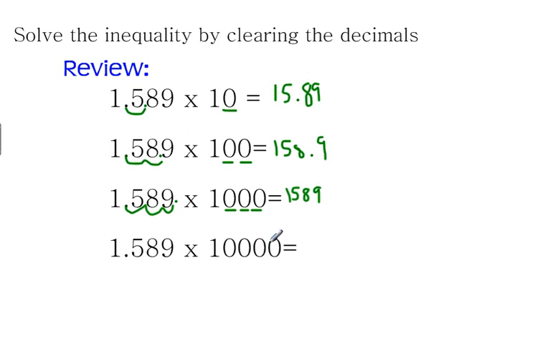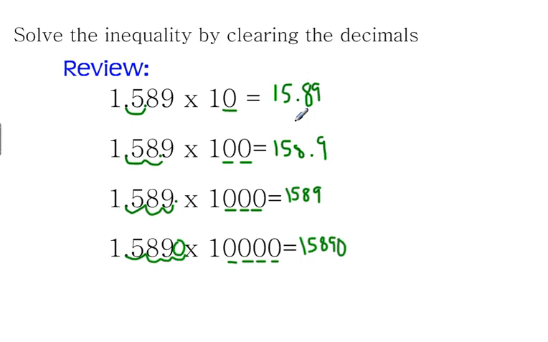And this last one, 1, 2, 3, 4 times, well, that's going to take me all the way to the end of my number. And I'm going to have to add one more space, which means I've got room for a 0 back there. Now I've got 15,890. You guys definitely don't need a calculator for that. I was trying to make a point how long it took me to get out my calculator when I could have done this in my head.